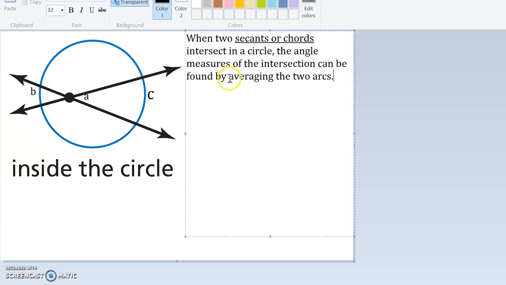So we're going to average out the two arcs as a way of finding the angle measure in between. And remember, A is going to be both here and over here, because those are vertical angles.